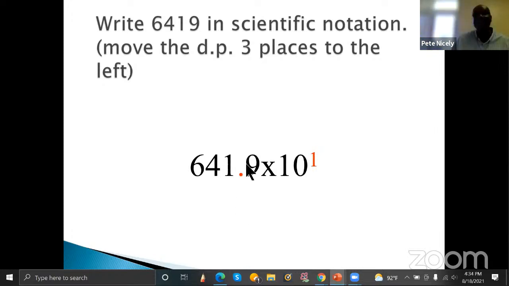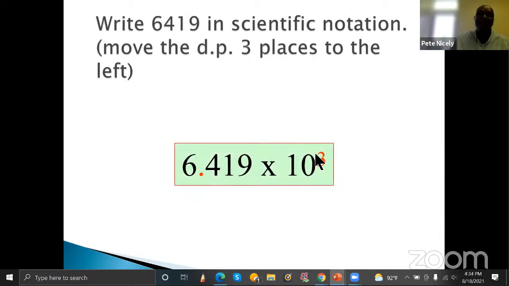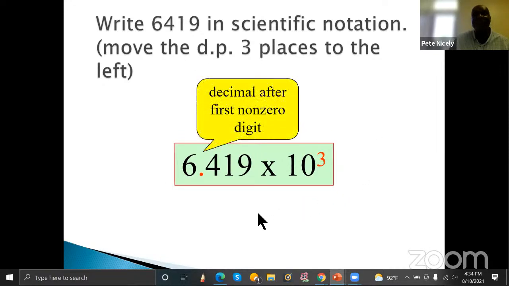If you move the decimal point 1 space over, you end up with this number here and this 2 right here, because now you have moved the decimal point 2 places. And then finally, to get the decimal point over here, you're going to end up with 6.419, and now you see that the exponent is now 3. And this would be the scientific notation way of expressing this number.